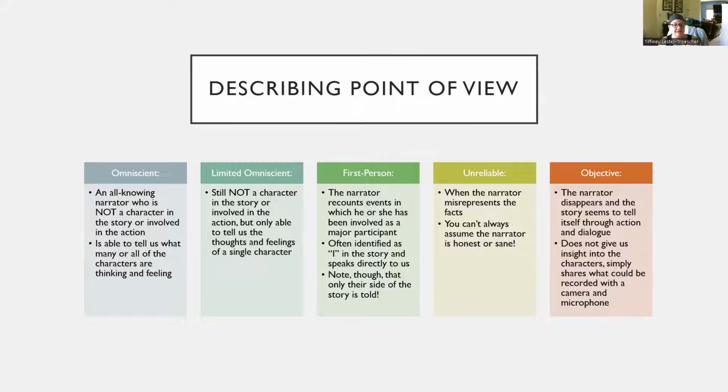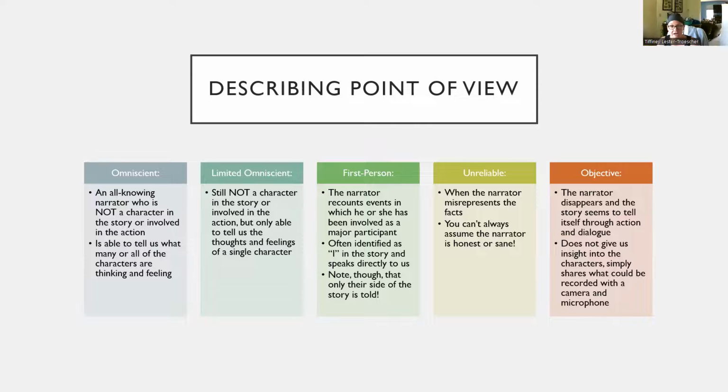They only have access to probably one character's thoughts and feelings, maybe two, right? We have a first-person narrator. This is the narrator who is a character involved in the action, and they are our main character because they are the ones we understand the most, because they're the ones talking to us directly.